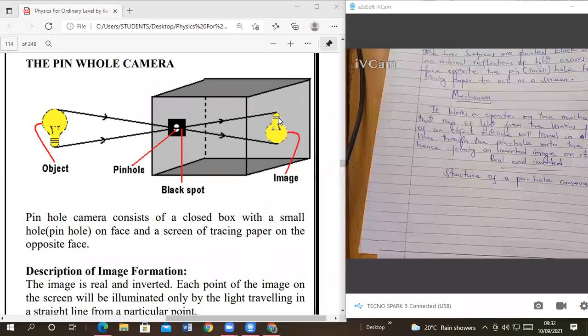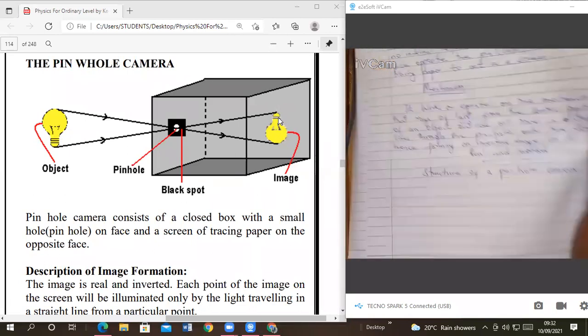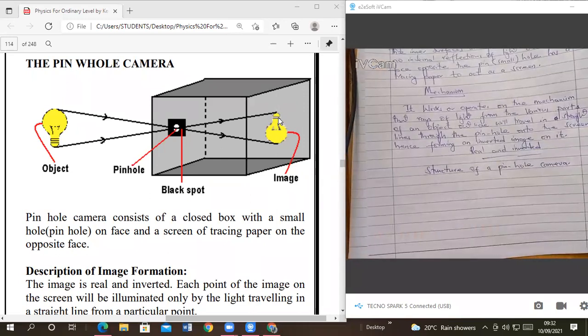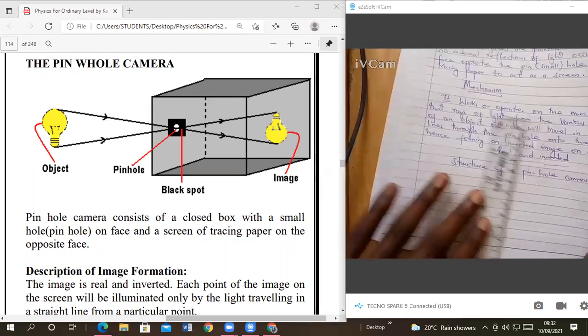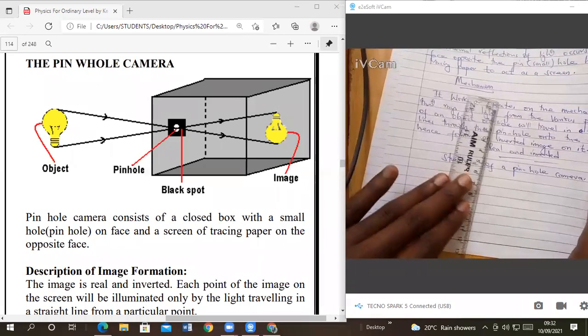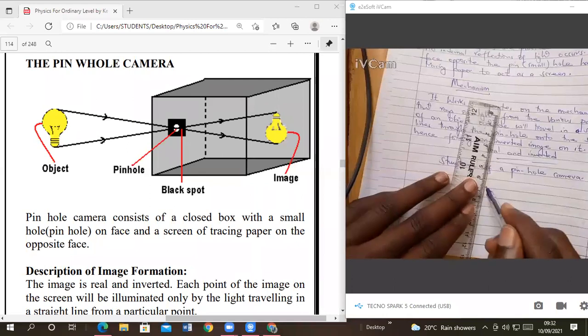For this case, we are using a box. Or we can present objects just by drawing straight lines. So that's what I'm going to draw here. Let's draw the box.